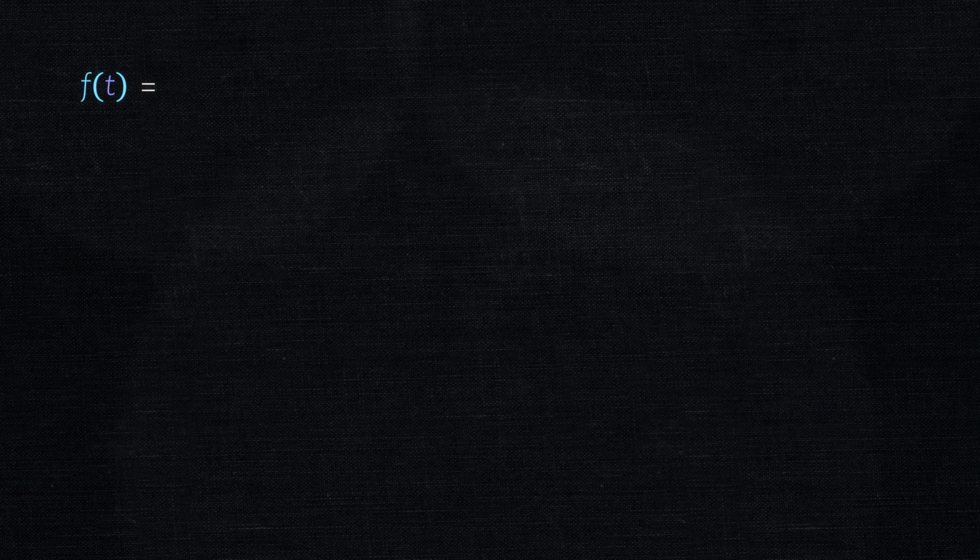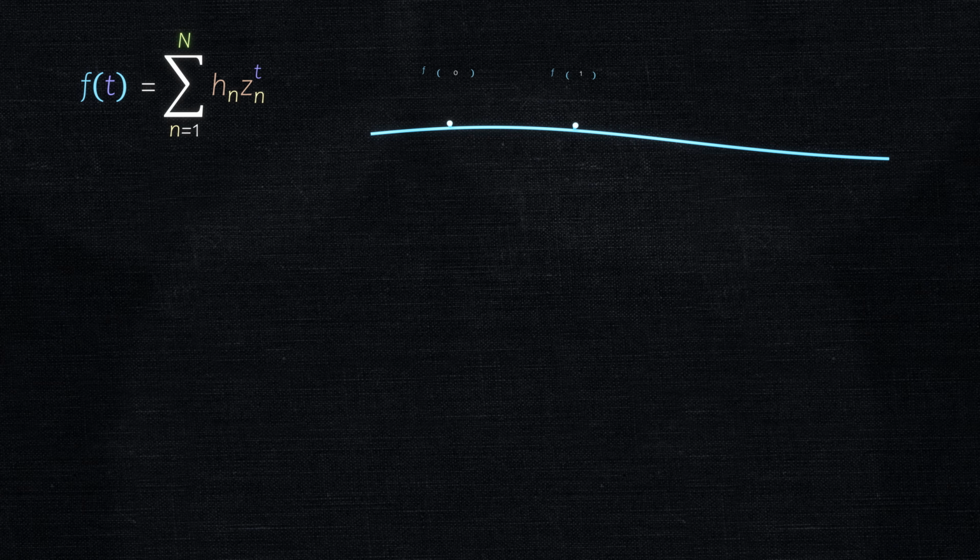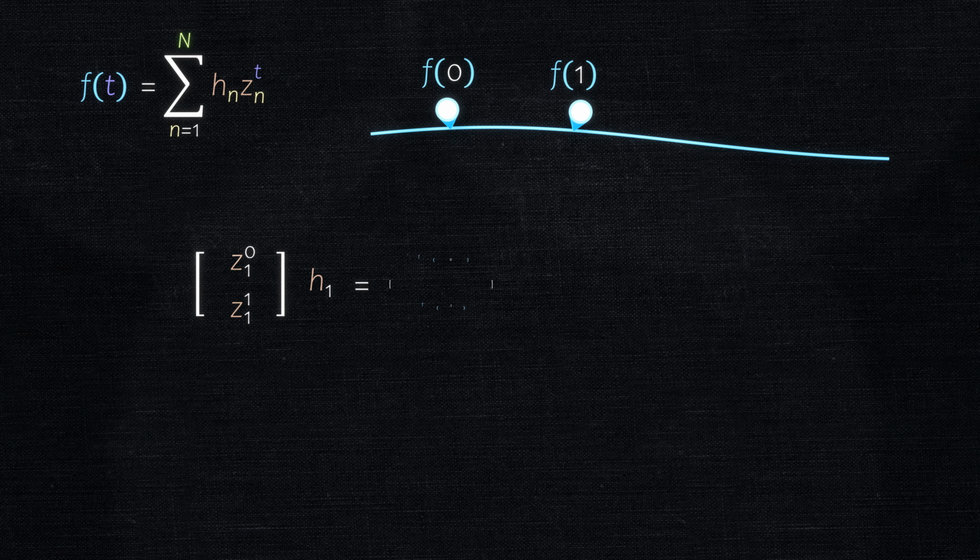But how exactly can we identify h and z from a given point sequence? Suppose at first that we have only 2 points at t equals 0 and 1. In this case, we can derive a simple system of two equations: z1 to the power 0 and 1 multiplied by h1 equals f of 0 and 1. So we have two equations and two unknowns that generally leads to a unique solution.